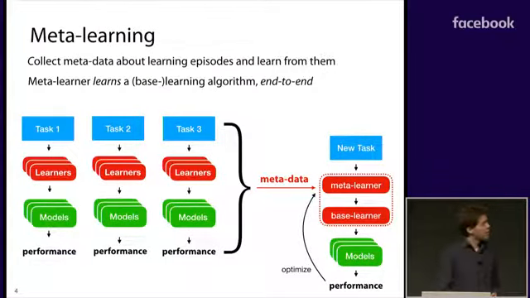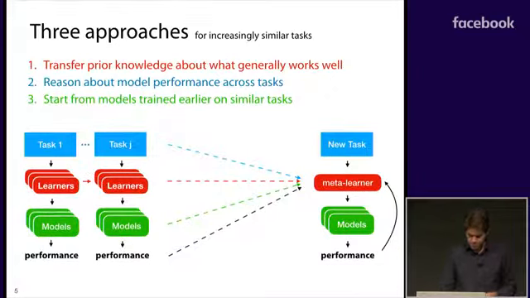Okay, so we call this field also meta-learning because we collect metadata about prior learning episodes, and then we transfer that to the meta-learner. So the meta-learner gets a bunch of metadata and has to make sense of that and use it in a useful way to then construct a base learner that then will do the actual modeling. Now sometimes this is somehow squashed together and the meta-learner will directly build models, but we'll come back to that.